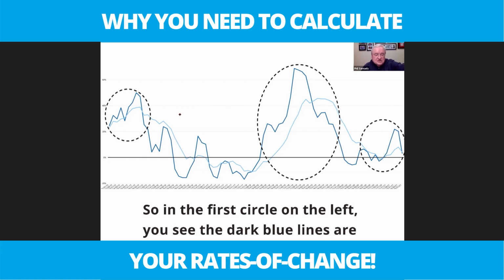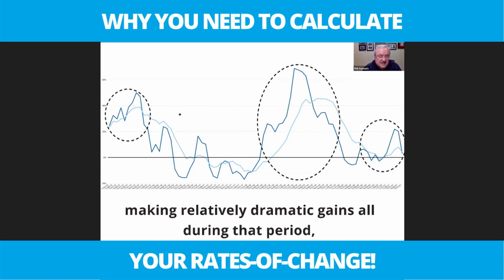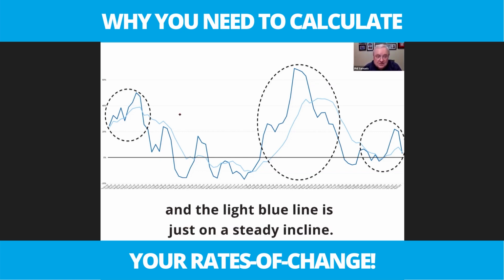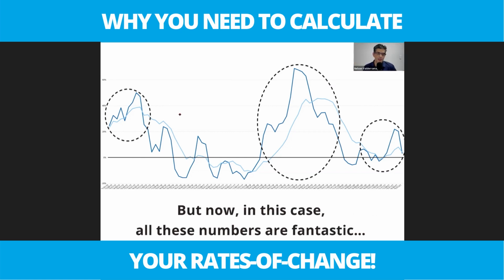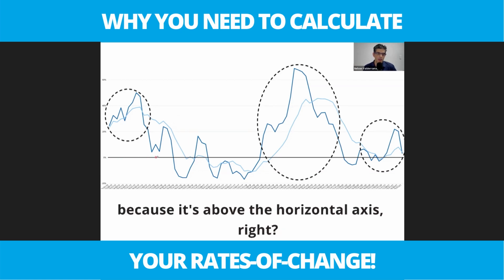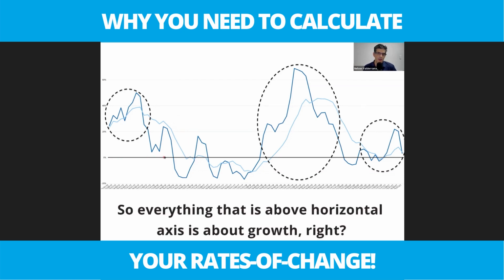In the first circle on the left, you see the dark blue line making relatively dramatic gains during that period, and the light blue line is on a steady incline. In this case, all these numbers are fantastic because they're above the horizontal axis, and everything above the horizontal axis is about growth.